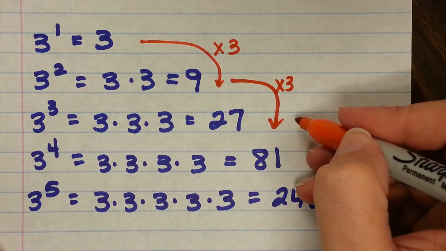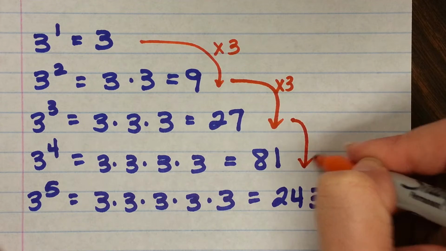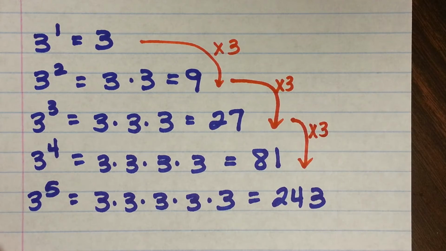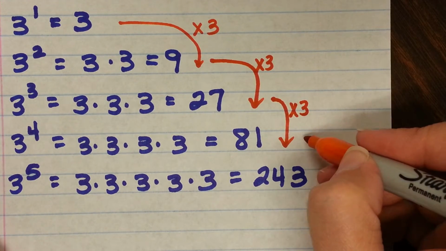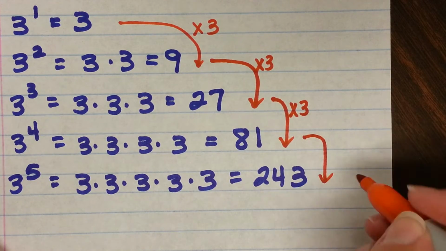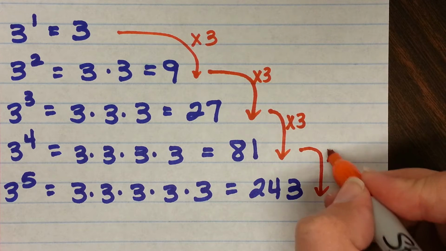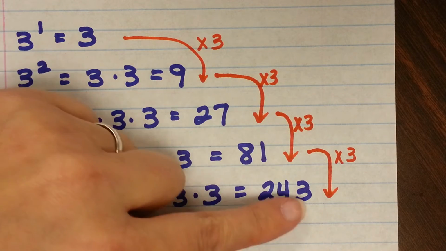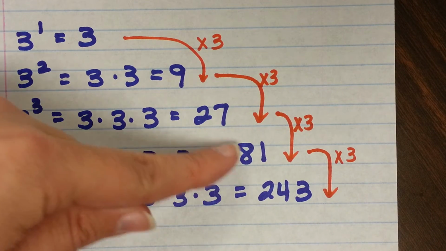From 27 to 81, I multiplied times 3. From 81 to 243, I multiplied times 3. So every time I add another number in my exponent, I'm actually multiplying my answer from the previous problem by 3.